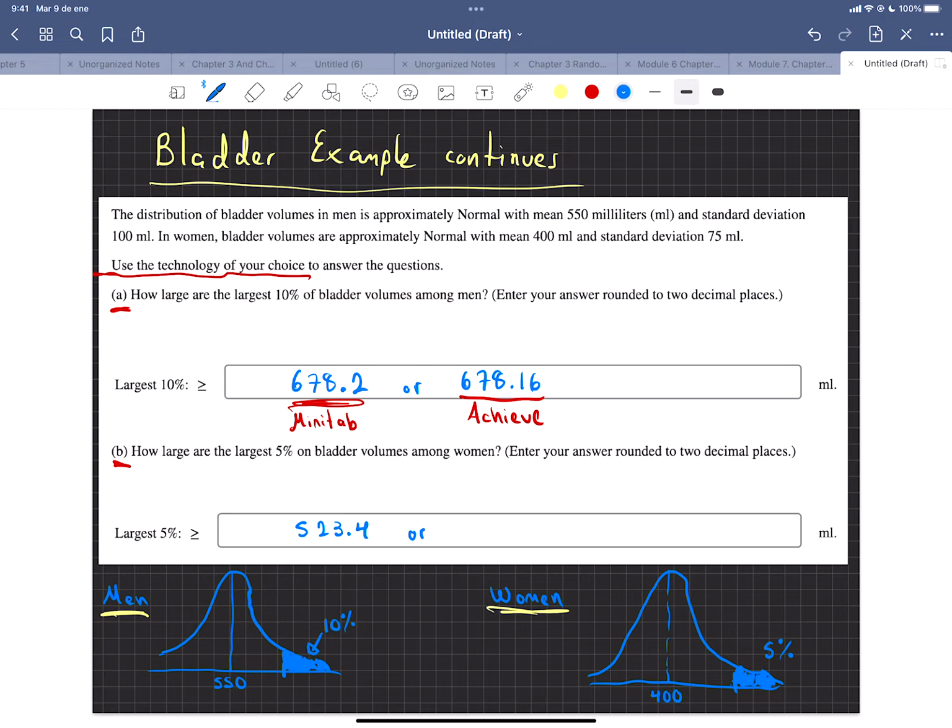523.4. Or if this doesn't work, the answer from Minitab is 523.36. So there you have.